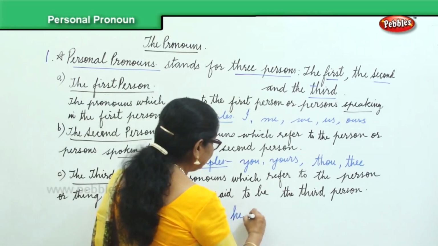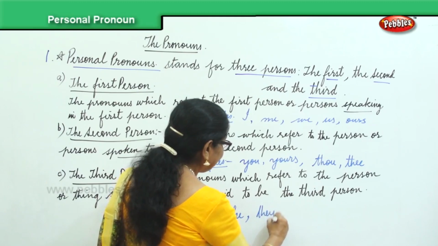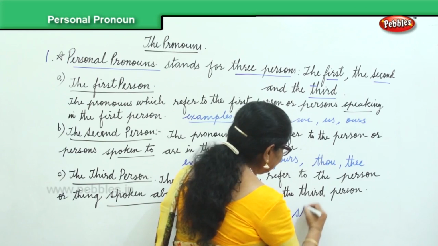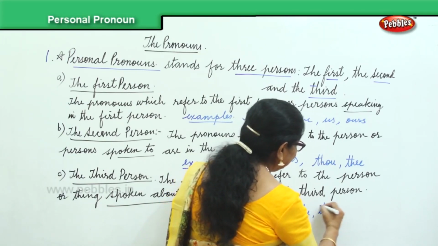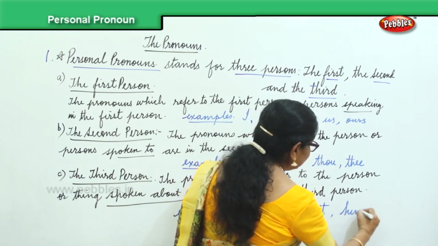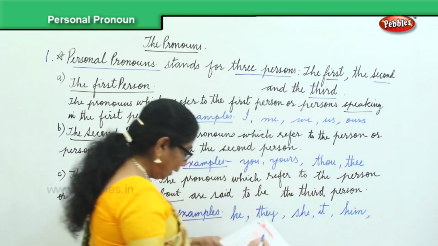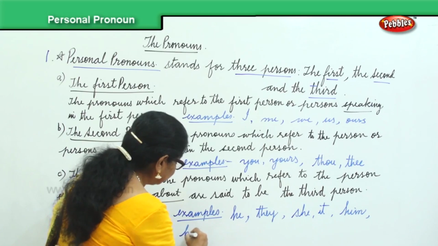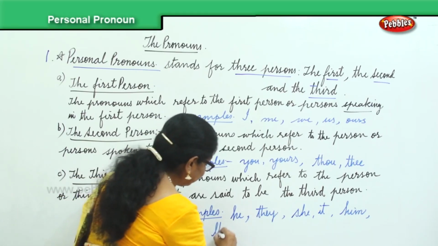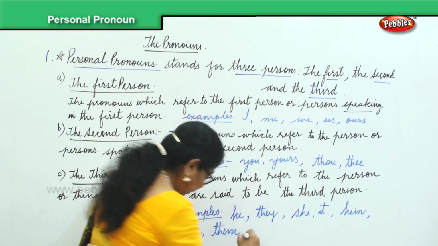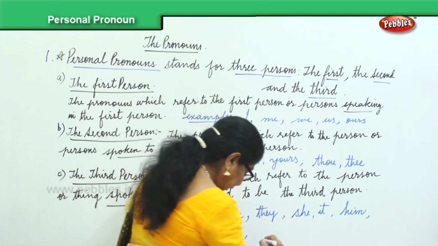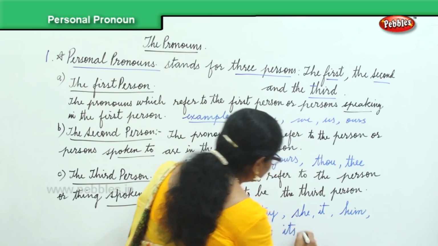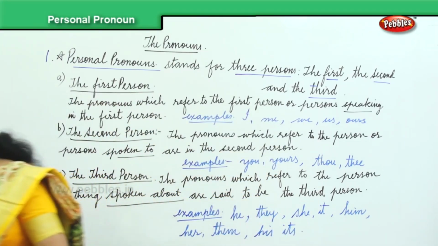He, they, she, it, him, then we have her, them, his, its, and so on. Now, let's look at all the three persons.